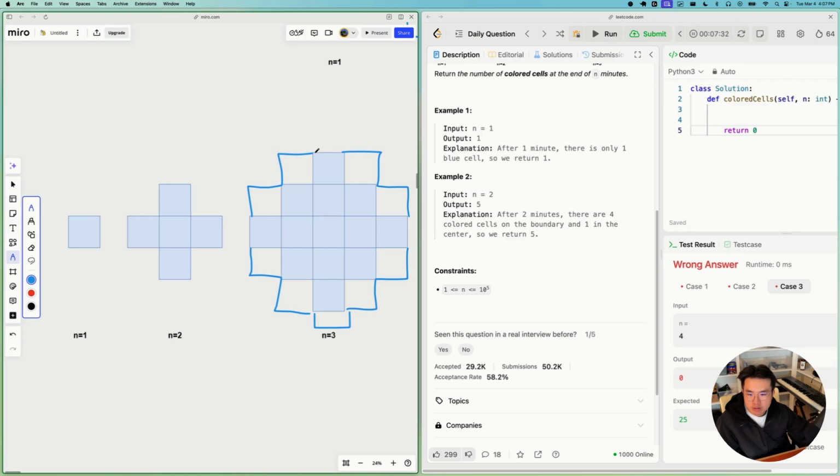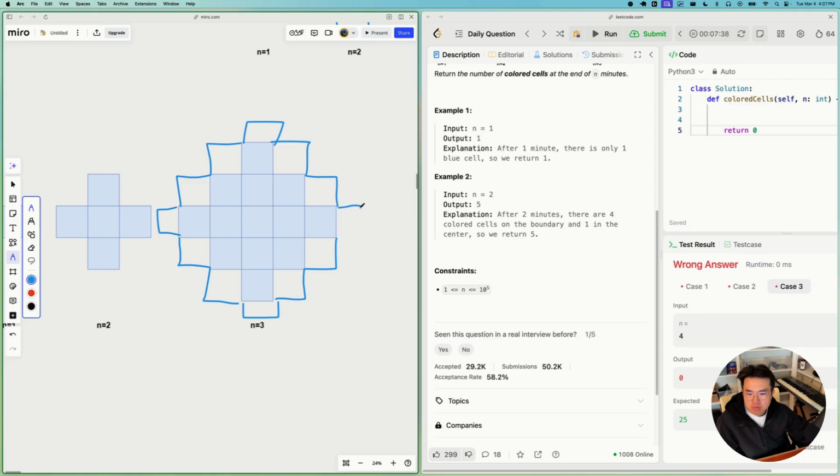Wait, and then it has these ones, of course, right? What is this? 1, 2, 3, 4, 5 by 3, that's 15. 16, 17, 18, 19, 20, 21, 22, 23, 24, 25. Okay, so there's all 25. Looks super weird, I don't know.